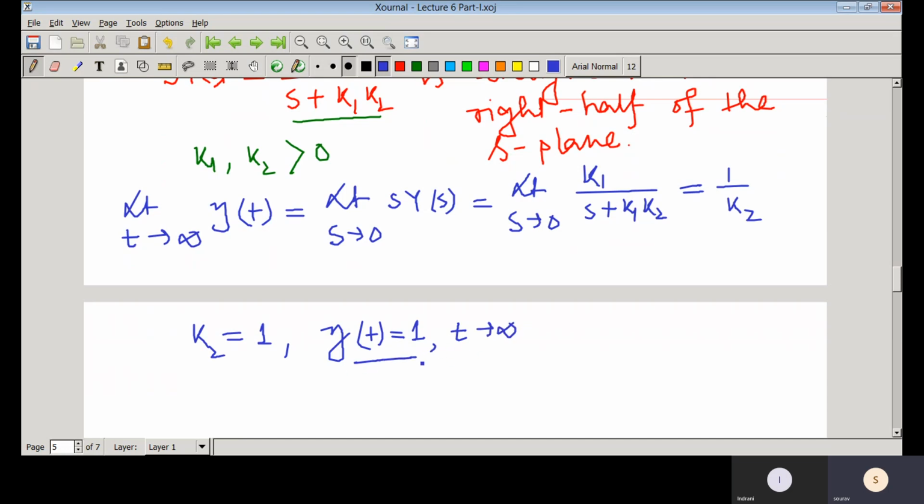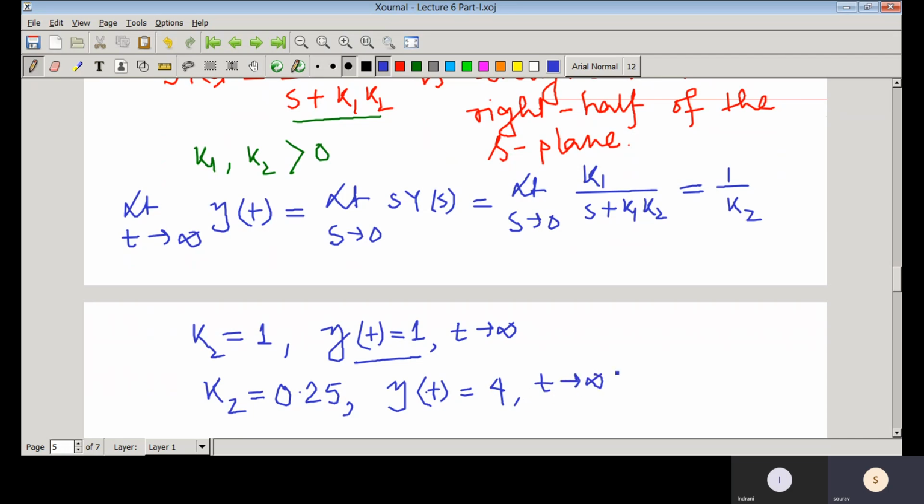Now if you change K2 to 0.25, from here you can also understand the role of feedback in a closed loop control system. The steady state value of the control variable becomes 4 when t tends to infinity.